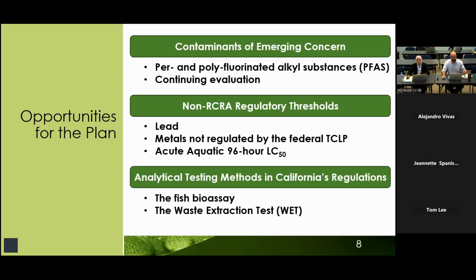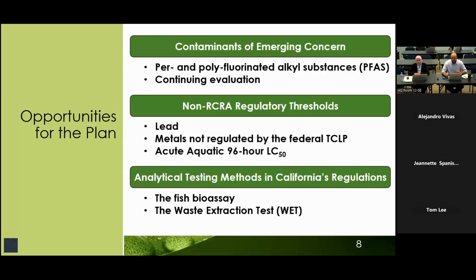One example is a class of chemicals known as the per- and polyfluorinated alkyl substances, also called PFAS, and these are sometimes referred to as forever chemicals. For these chemicals, the US EPA has started to do more regulation. And so our approach has been to prioritize the other facets of what we're required to evaluate while we wait and see what happens at the federal level.